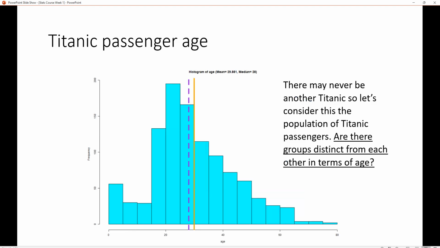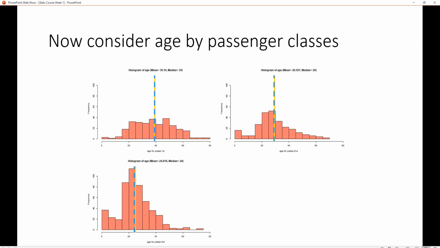A big part of that may be because of the number of third class passengers. They're the biggest group. Our second class passengers begin to resemble more of that overall population, but we don't have that high frequency of passengers in their 20s. But we do see a lot of passengers in their 20s in our third class passengers.